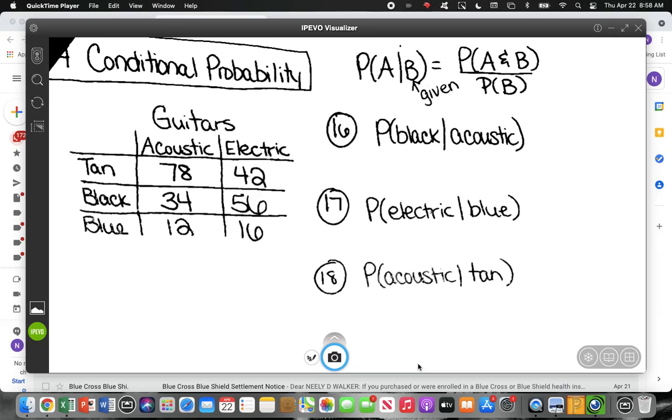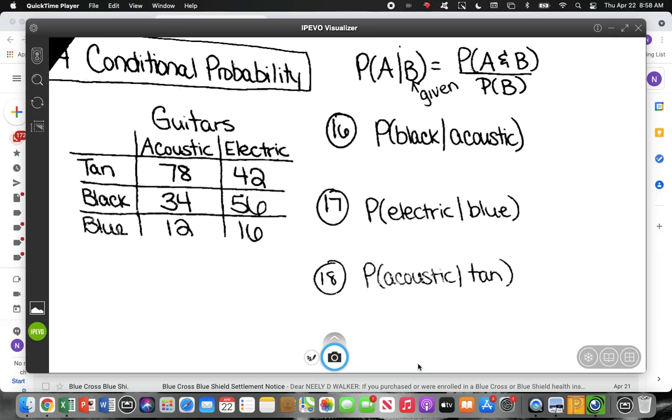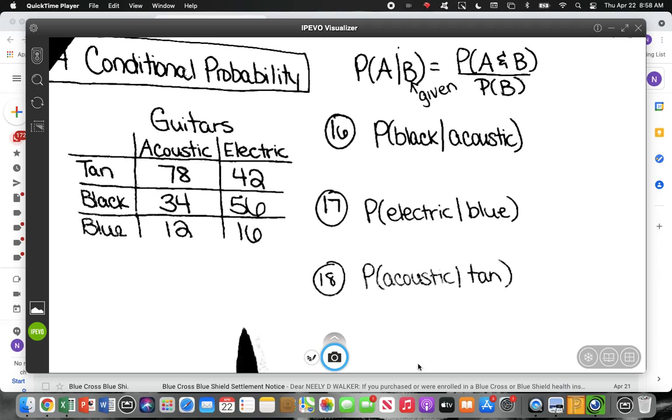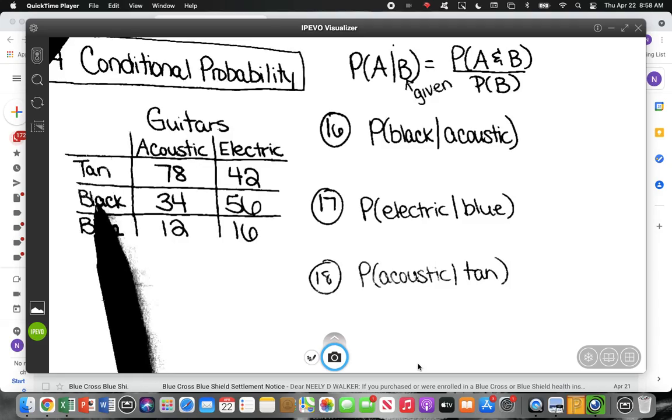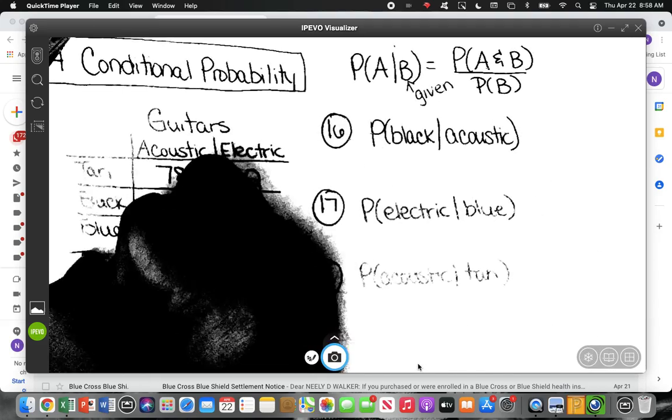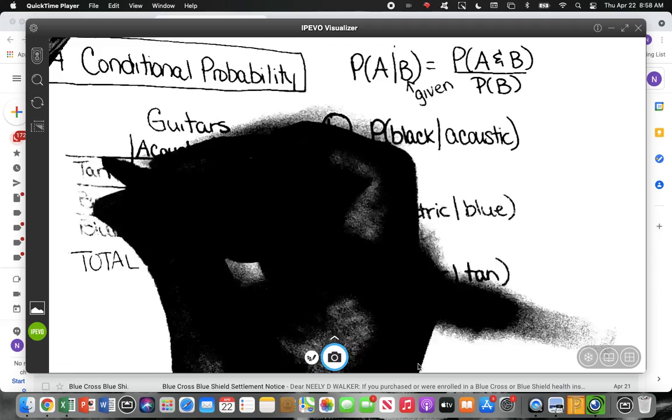So the first thing you would have to do here is what's missing in our table. I'm telling you the type of guitars and the color of the guitars, but what's missing? All right, if it's not there, you're going to have to put the totals in.